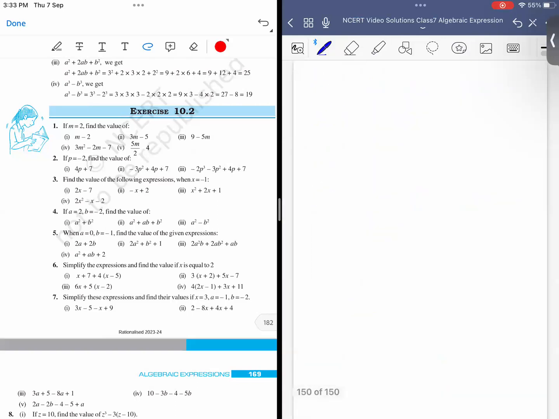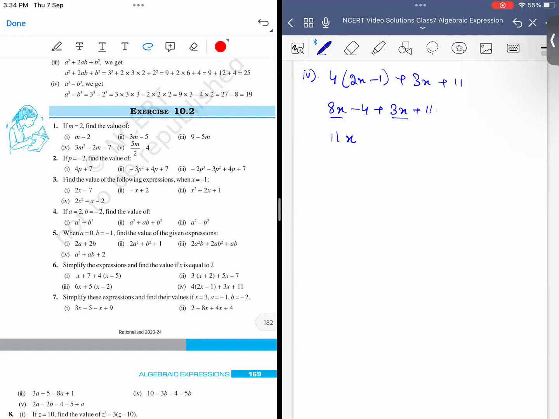Okay, question 4, I am doing the 6th part. See the question: 4 times 2x minus 1 plus 3x plus 11. Again, simplify the expression. 4 into 2x is 8x minus 4 plus 3x plus 11. So 8x and 3x are like terms, so it will be 11x.